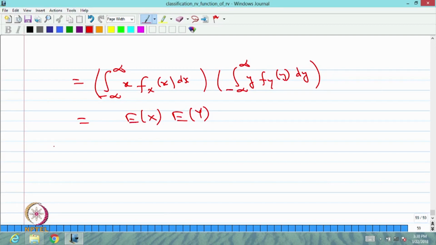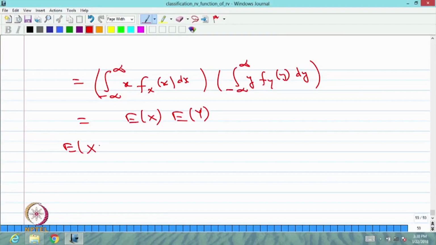We have given the derivation for continuous type random variables. Even for discrete type random variables you will get the same conclusion, that expectation of x into y is the same as expectation of x into expectation of y.